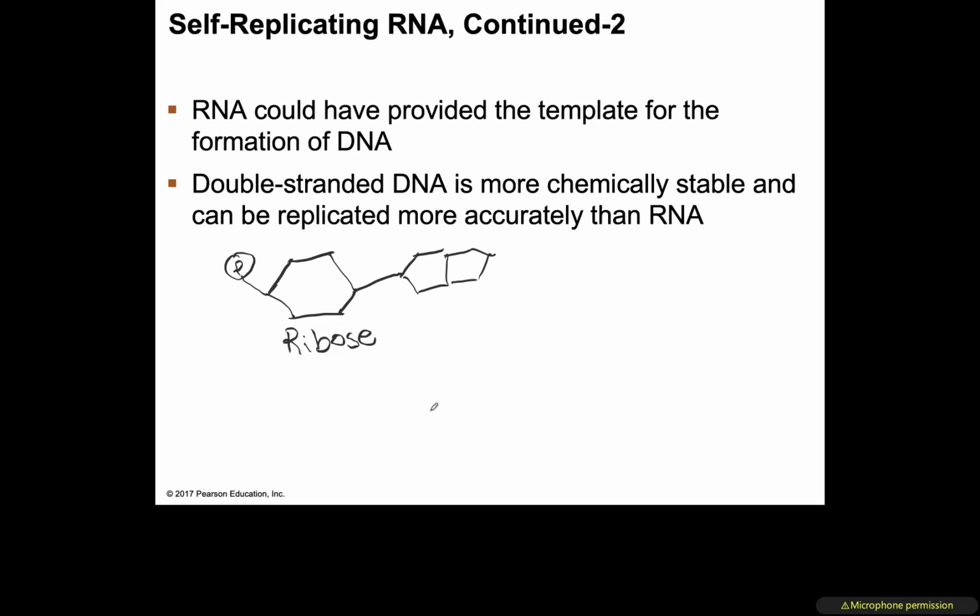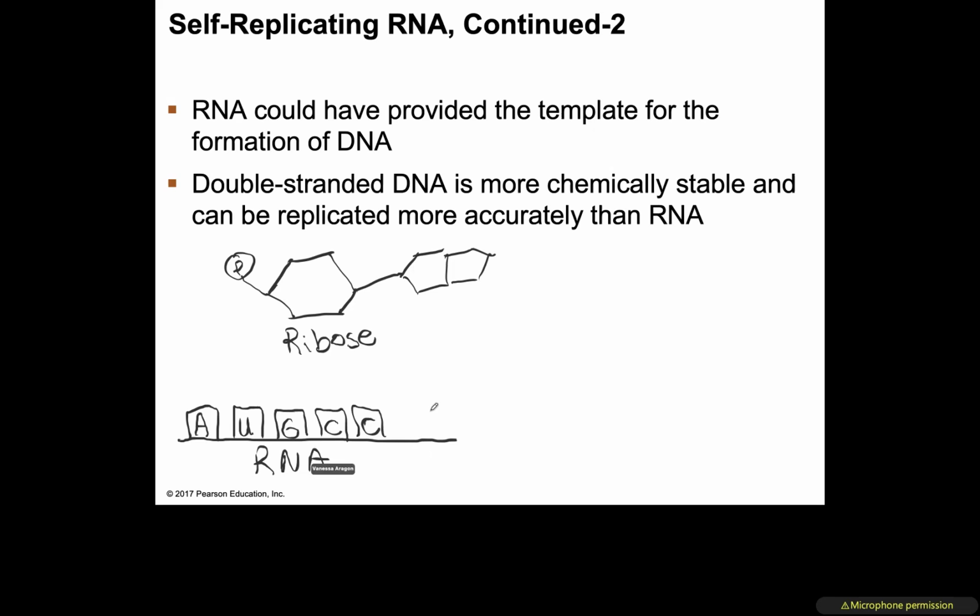So let's go ahead and draw that RNA strand here. Very simple: adenine, uracil, guanine, cytosine, and so forth, put another C and so forth. So that's an RNA strand.